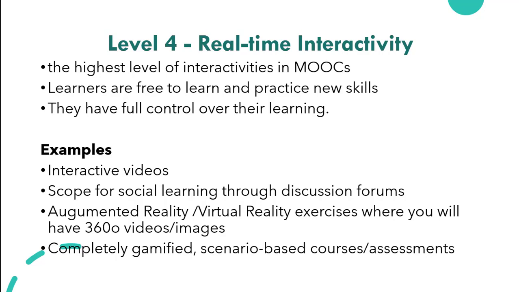In this level, you can find interactive videos and scope for social learning through discussion forums, augmented reality or virtual reality exercises where you will have 360-degree videos or images, and you will also have completely gamified or scenario-based courses or assessments.